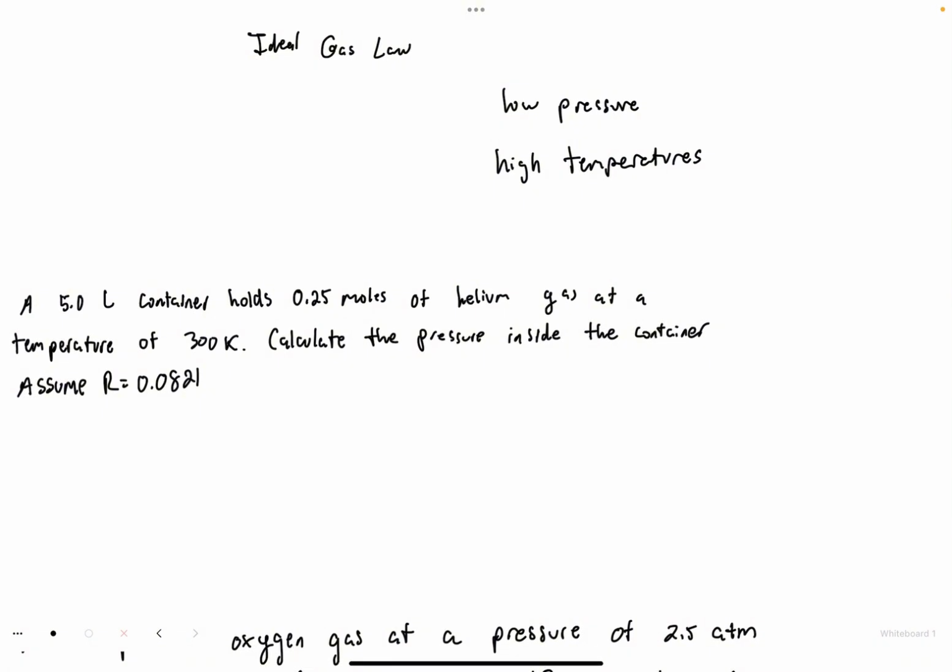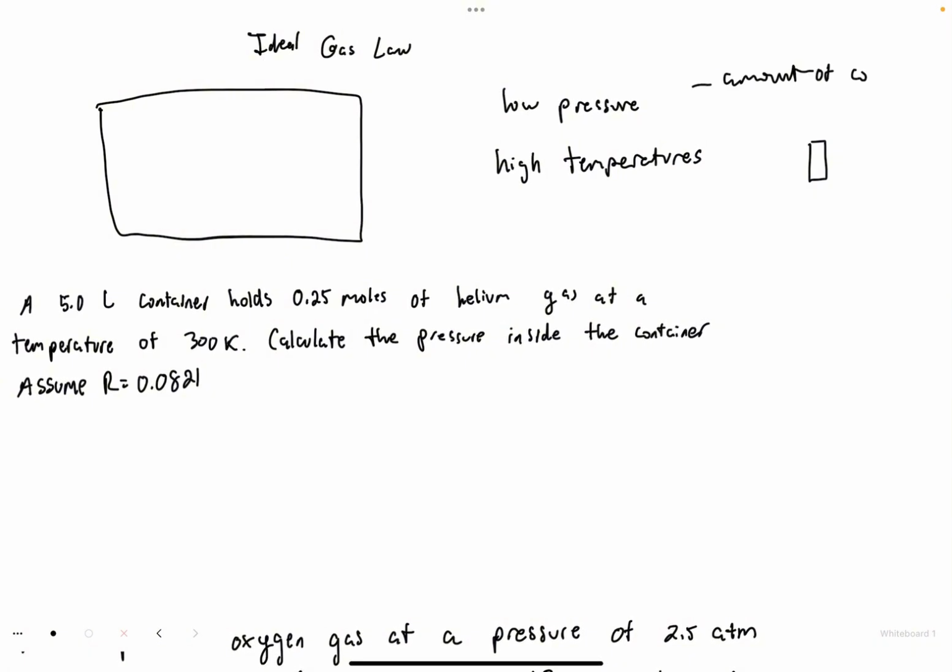Usually a low pressure means a big area, and as we've seen, when you decrease the area or volume, there's going to be more pressure, and pressure was notated as the amount of collisions. So when you have these collisions, the high temperature kind of balances out the low pressure.